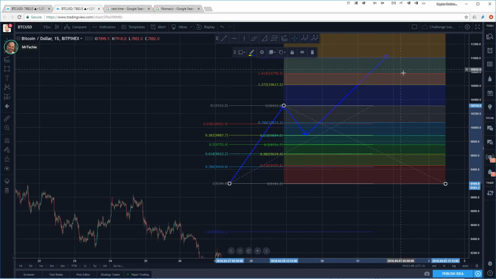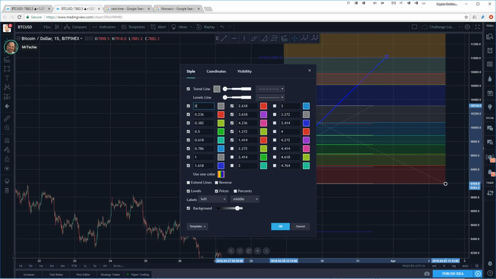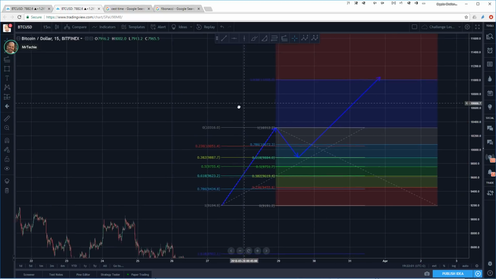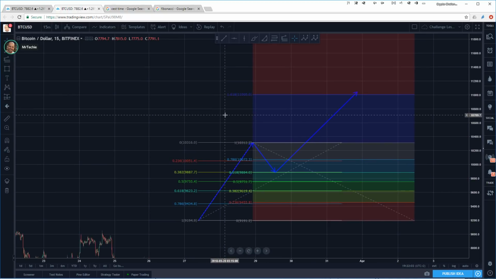Again, this guy here has too many colors and stuff. Actually, what you might need to do, I believe, if I'm not mistaken, is this is how it comes as stock. This is not stock, it's not a modified car. This is how it comes as standard, okay? That you have only 1 and then 1.618.